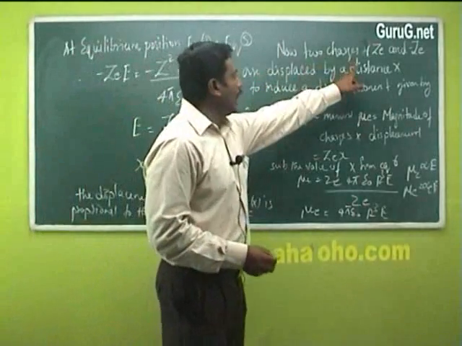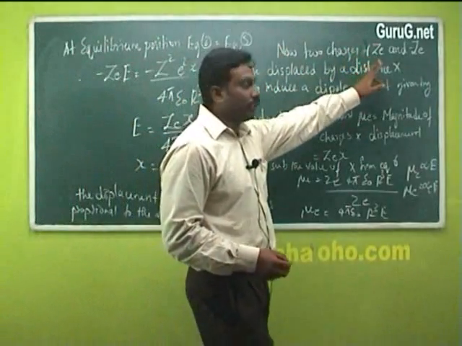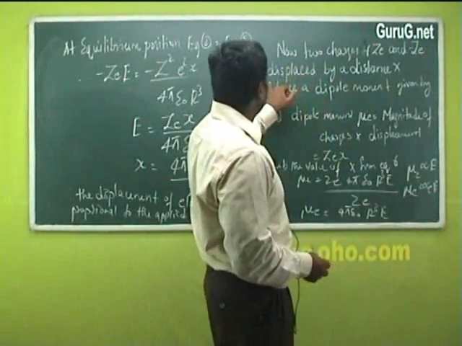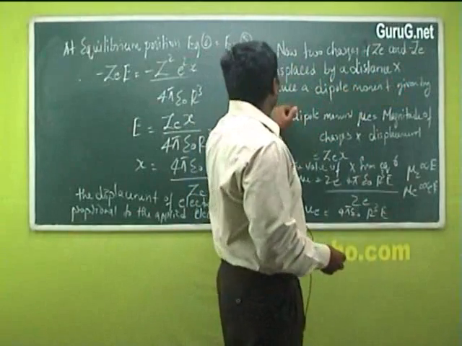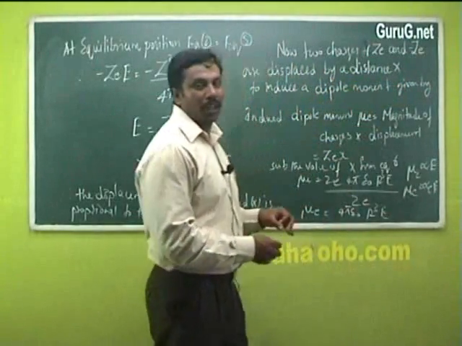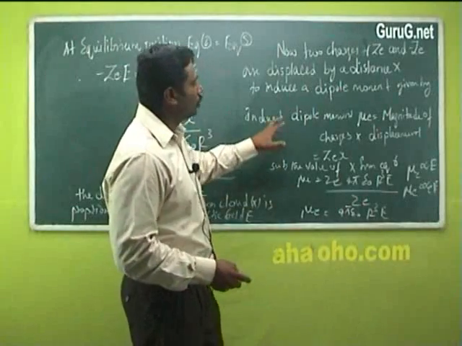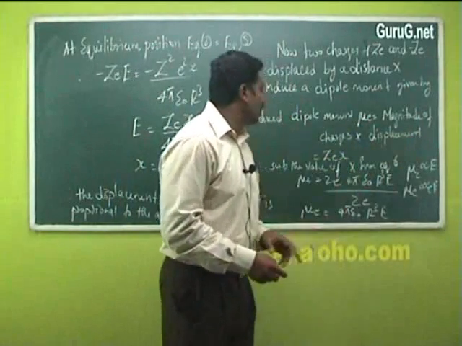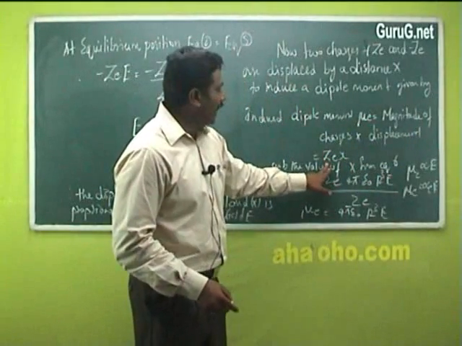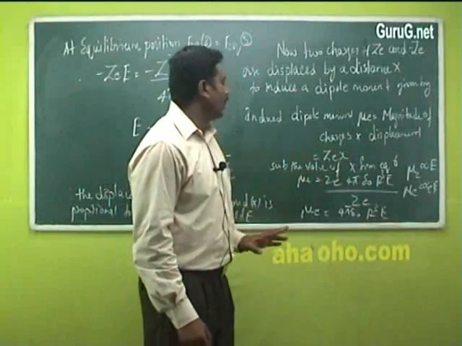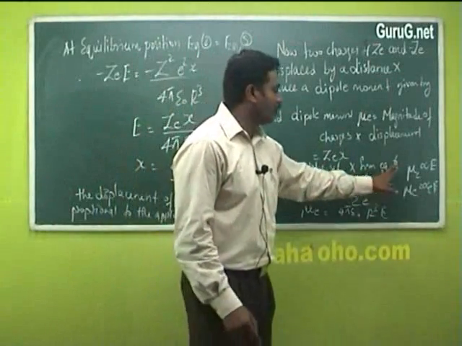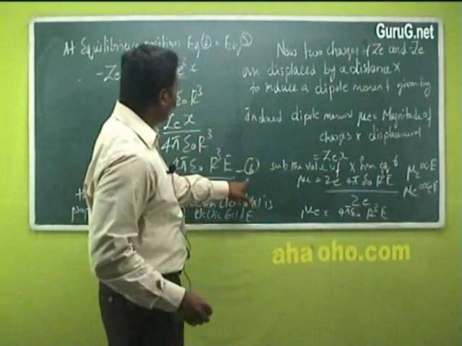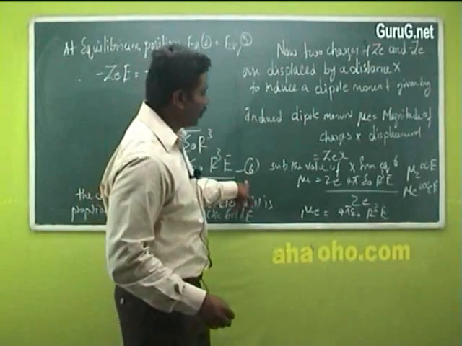Now the two charges, plus ZE, the positively charged nucleus, and minus ZE, the negatively charged electrons, are displaced by a distance x to induce a dipole moment. The induced dipole moment mu of E is equal to magnitude of the charges into displacement, that is ZE into x. Put this as equation 6. Substitute the value of x from equation 6.